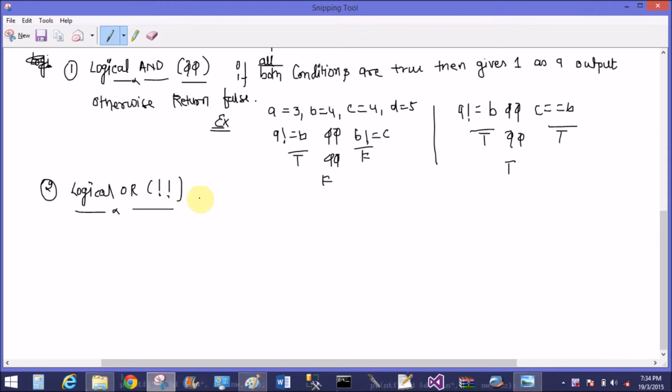In the case of the logical OR operator, only one condition needs to be true for a true result.